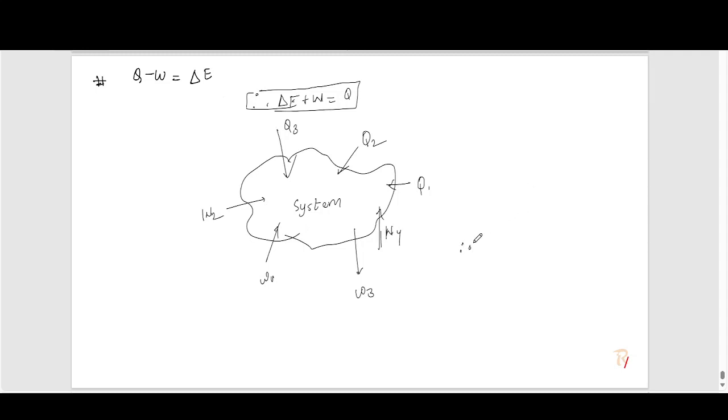Therefore, the final conclusion: Q1 plus Q2 minus Q3 is equal to del E plus W2 plus W3 minus W1 minus W4.